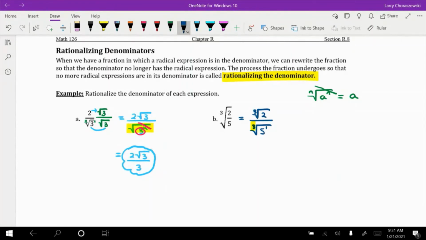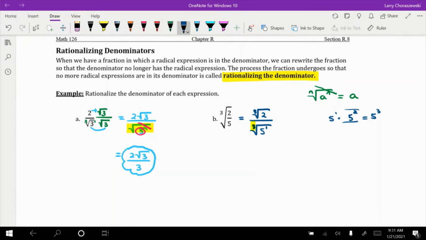If I want this radical to cancel, 5 is going to need a power of 3. So let's think to ourselves, okay, if I have 5 to the first, what could I multiply this by to get 5 cubed? That'd have to be 5 to what power? 5 to a power of 2.